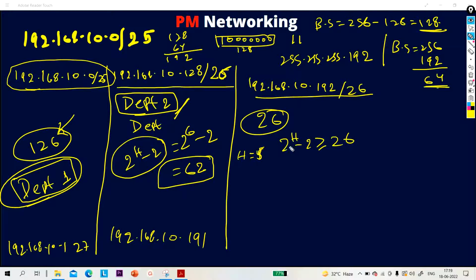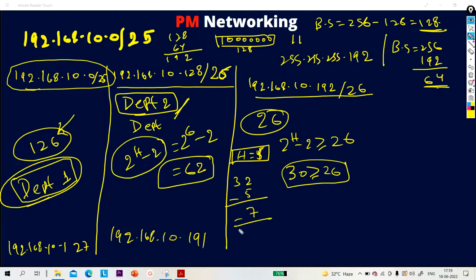If you put 5, then how many IP addresses do you get? 32 minus 2 means 30, which is greater than or equal to 26, right? So host bits should be 5. That means network bits will be what? 32 minus 5 means 27, right?